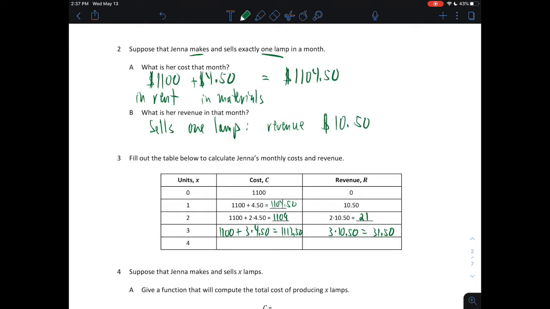And then finally, for 4 units, this would be $1,100 plus 4 times $4.50, and that gives you $1,118. And then what's the revenue? 4 times $10.50, which gives you $42.